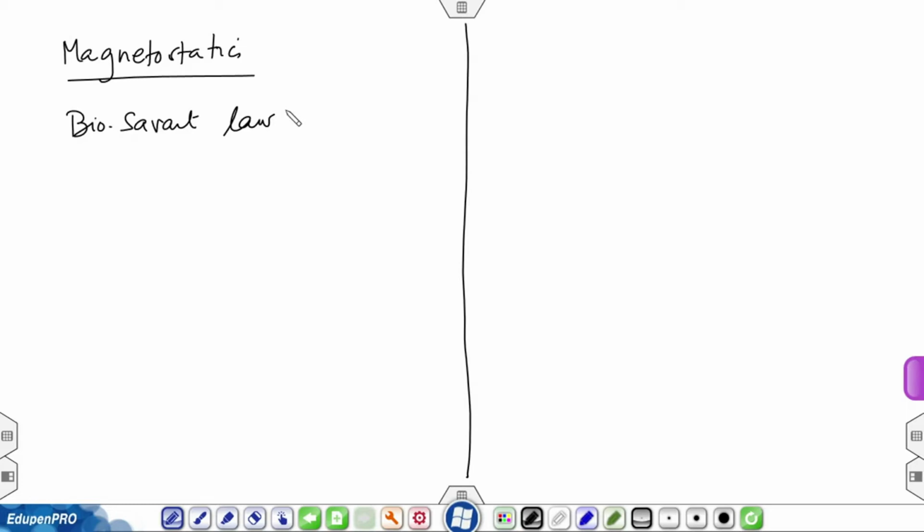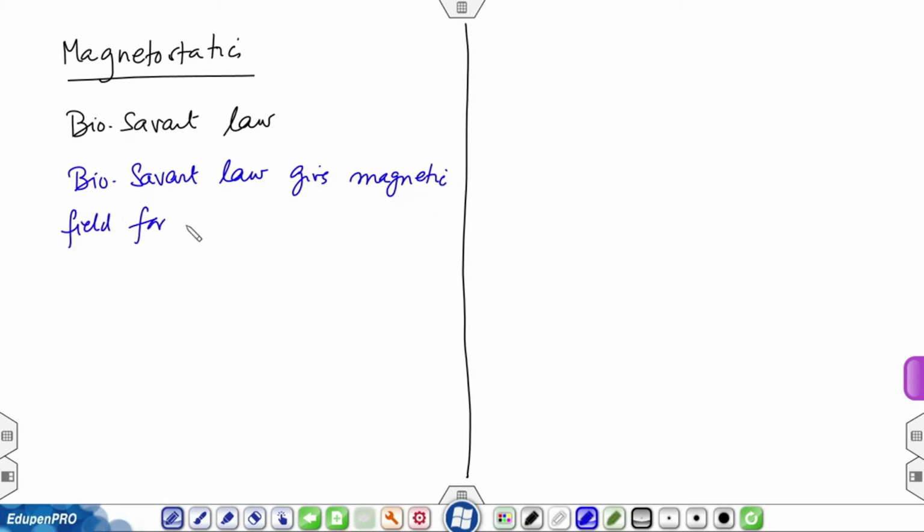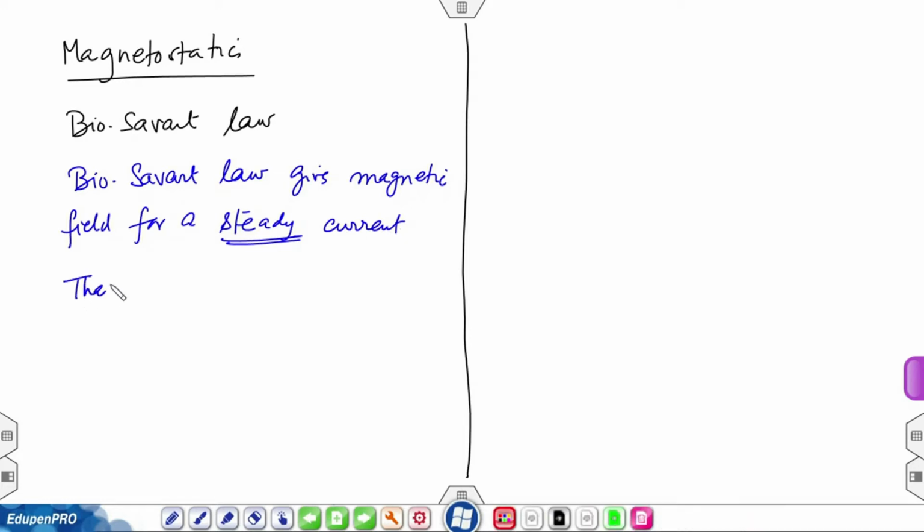And I wish to emphasize at this point that Biot-Savart law gives magnetic field for a steady current. What does steady current mean? That there is no time dependence in the current.